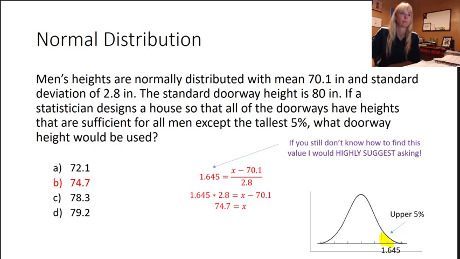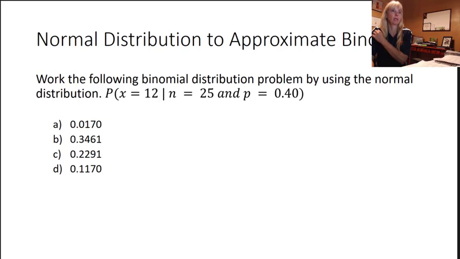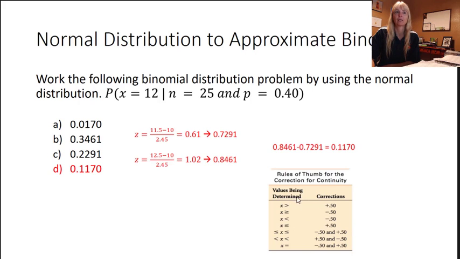All right, and then finally we have the binomial approximation. In other words, if I don't want to use the binomial, I want to use the normal to approximate the binomial. What do you need? That table right there, and the continuity correction, because we're making a discrete into a continuous.